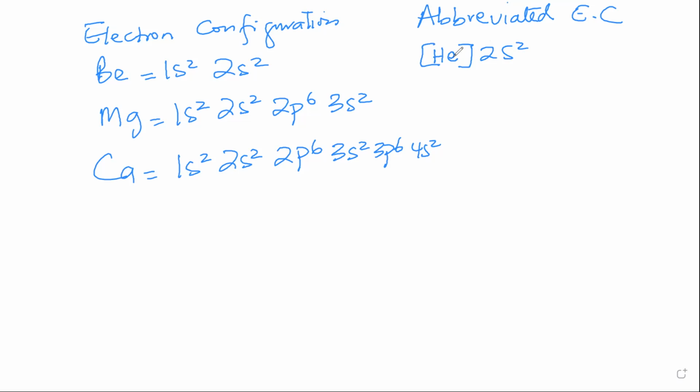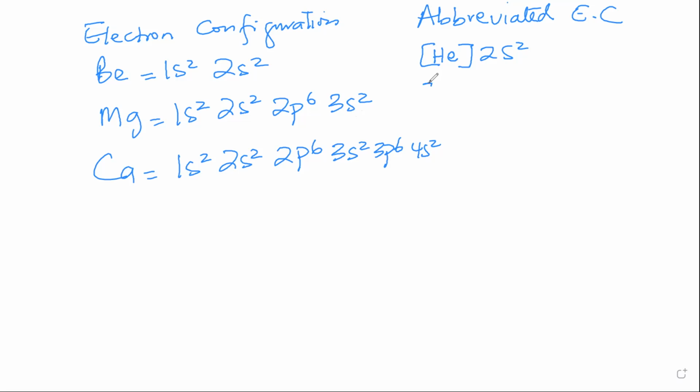That's what it means. Then for magnesium, this is the electron configuration of magnesium. And the noble gas before magnesium cannot be after. It has to be before, the one closest to it. So the noble gas before magnesium cannot be helium this time. The one closest to it is neon.